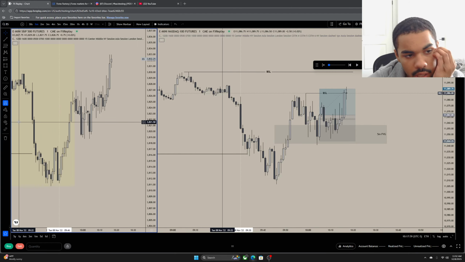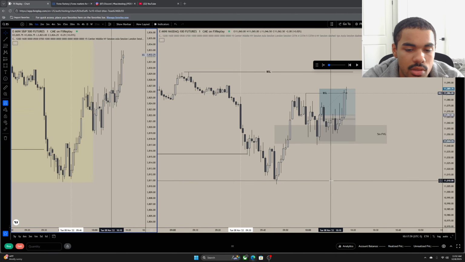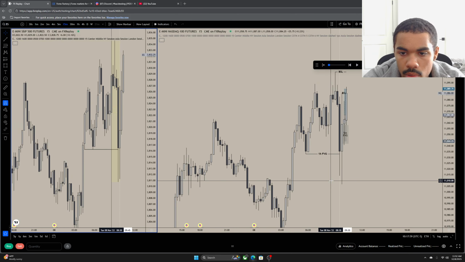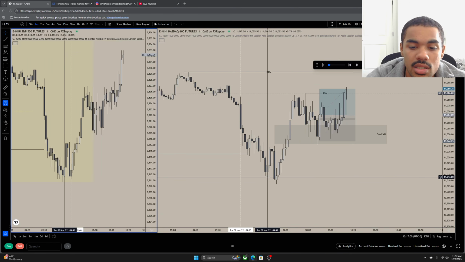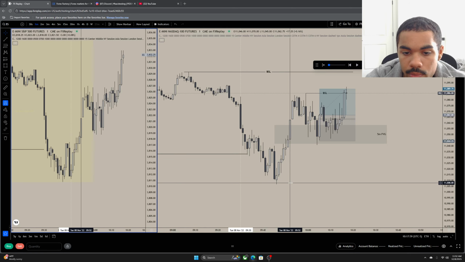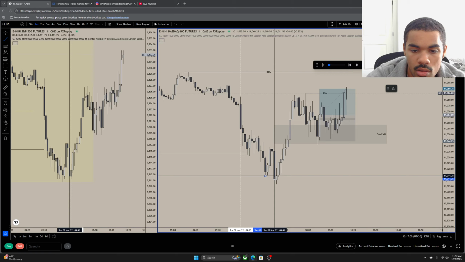So we never created another gap on ES. If we would have created that 15 minute, I would have took this all day. But we just didn't. I do like this stop hunt, this time aligned stop hunt right here.